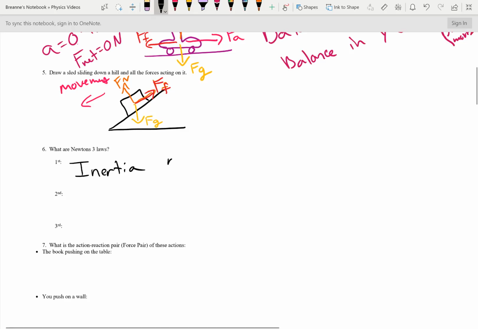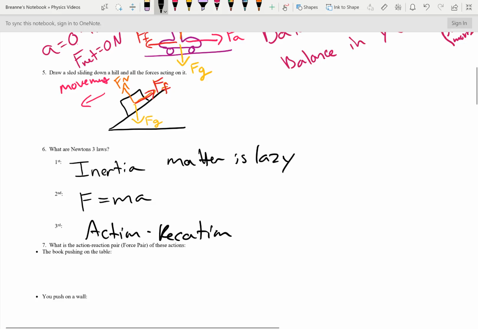Matter is lazy. Newton's second law is just your force equals mass times acceleration equation and how they interact. And Newton's third law is for every action, there's an equal and opposite reaction. So it's just action-reaction.